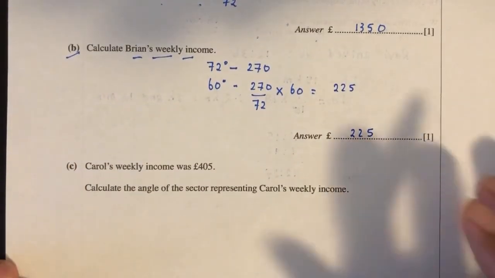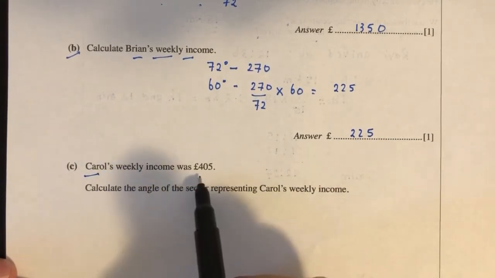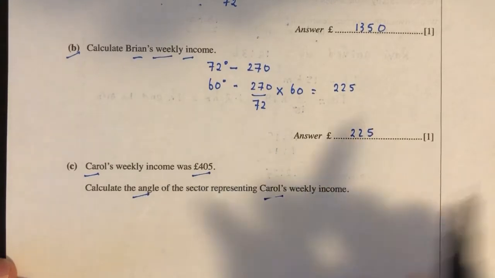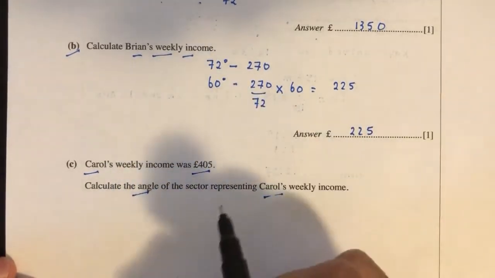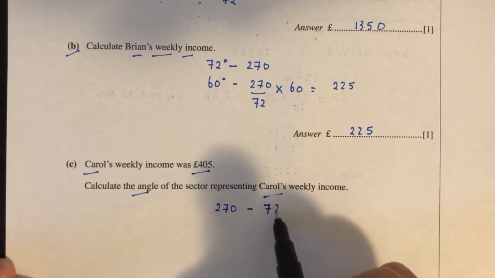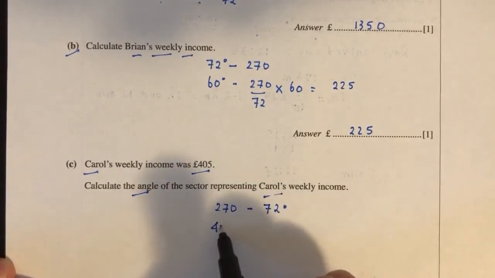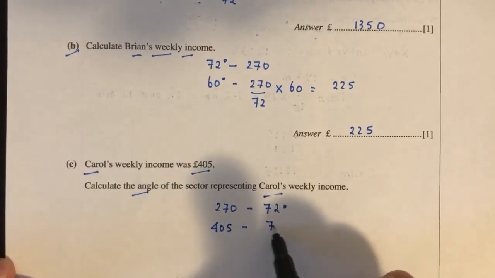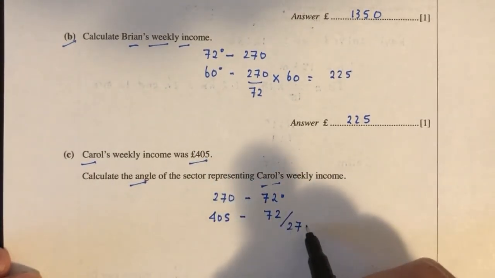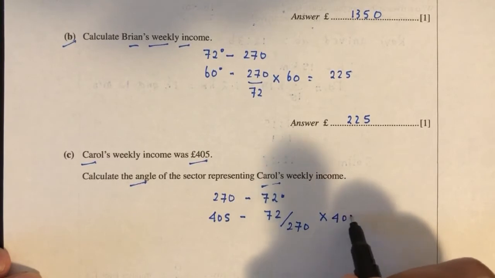Now part C, Carol's weekly income is 405. Calculate the angle of the sector. In the same way again, 270 pounds represents 72 degrees. How much does 405 pounds represent? 72 divided by 270 times 405.